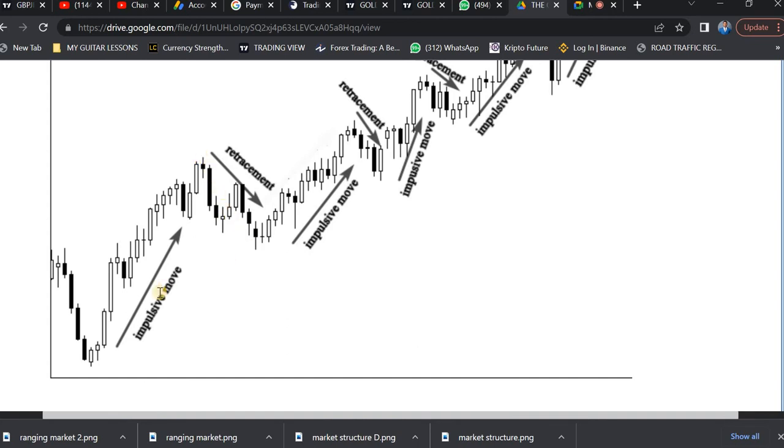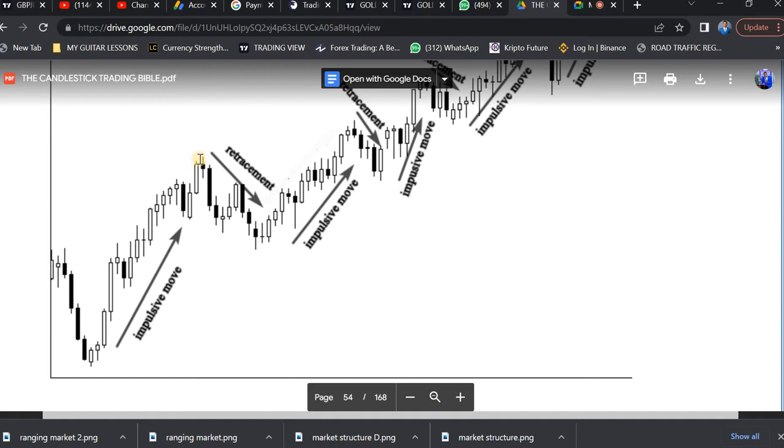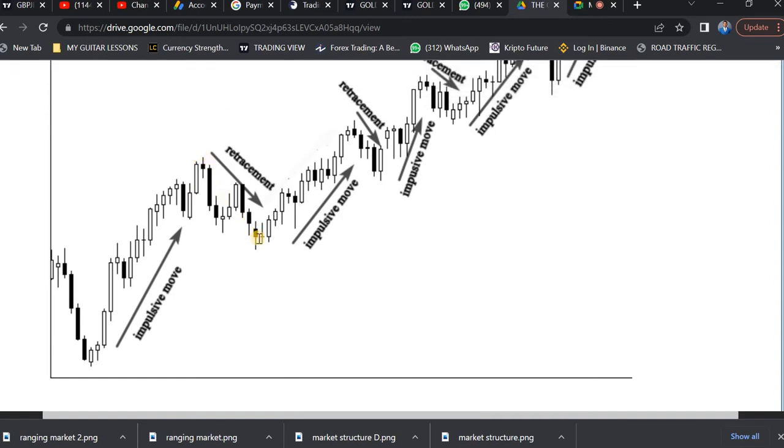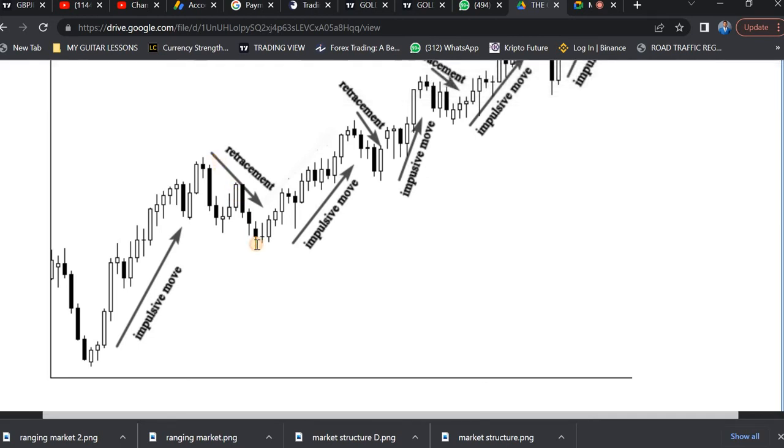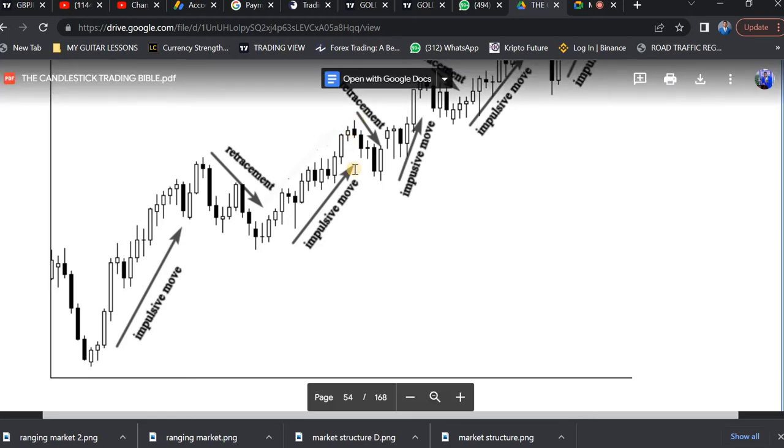It retraces, coming down a little. The retracement is also called a pullback. So as it moves up, there will be a pullback, which is a retracement. Then there will be another impulsive move upwards.